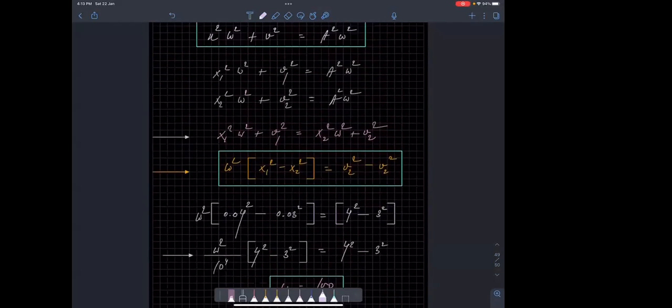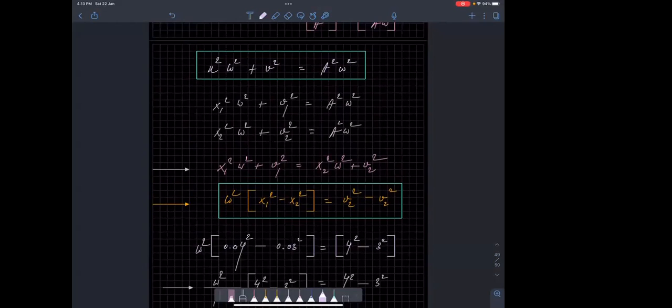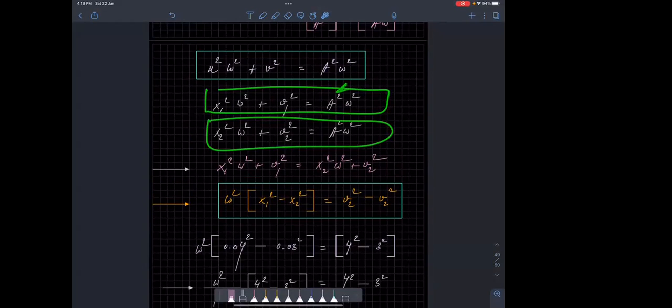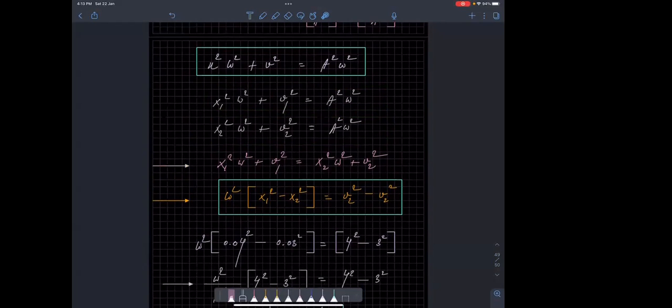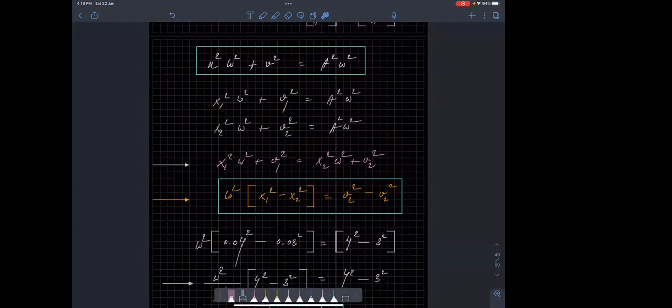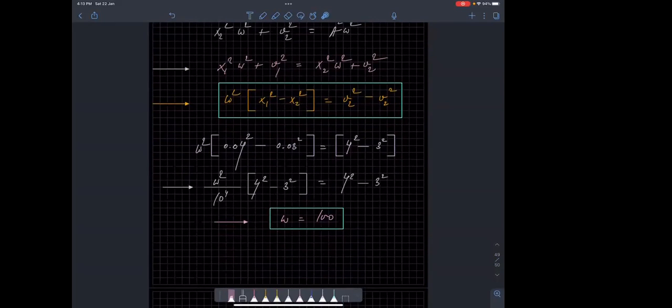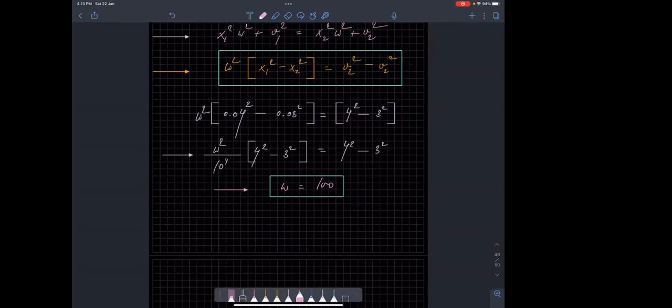Now we want to find A. How to find A? You substitute that omega in any one of the equations, you will get A. Clear? I'll use the first equation. What is the first equation? First set of values.